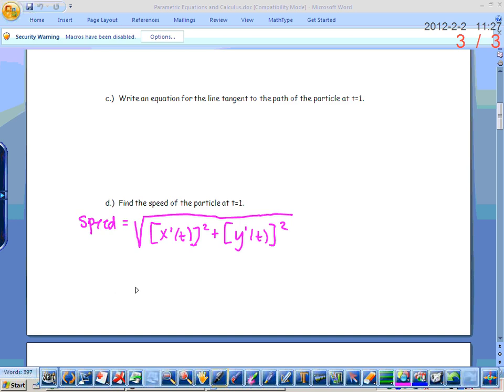So if I want to find the speed at t equals 1, then I would need to find the square root of x prime of 1, quantity squared, plus y prime of 1, the quantity squared. And there are lots of parentheses involved there. But when you type that into your calculator, you get 4.105.